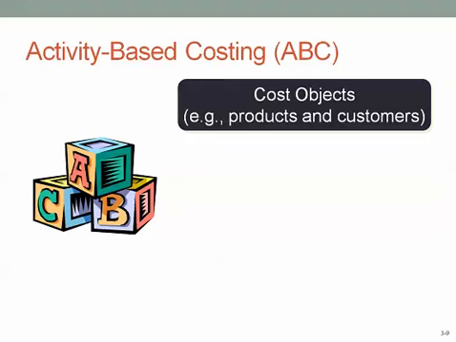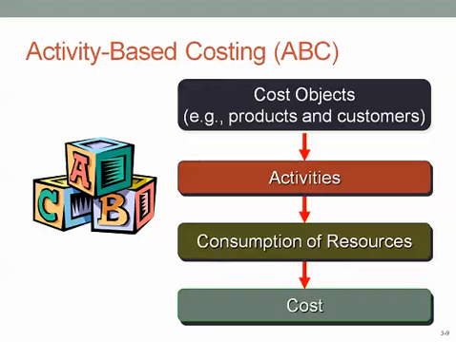And these activities then cause us to consume resources. And as we consume resources, we incur overhead costs. The basic idea then of our activity-based costing is to look at our cost and our consumption of resources and trace them back upwards and identify the activities or cost objects that are driving our overhead costs.